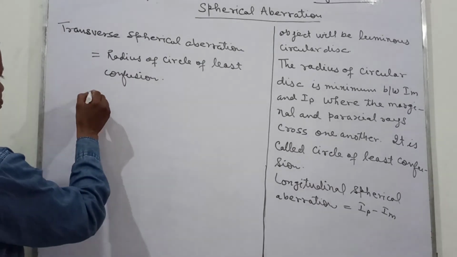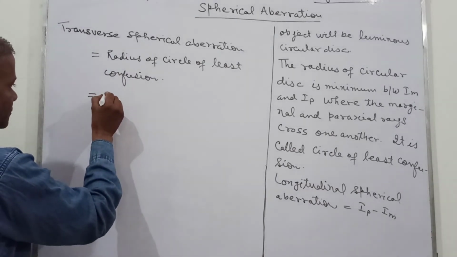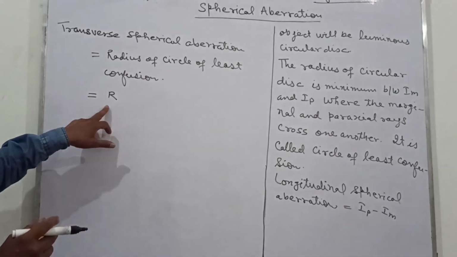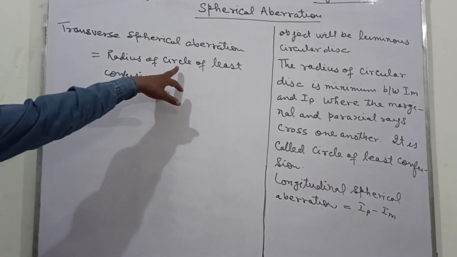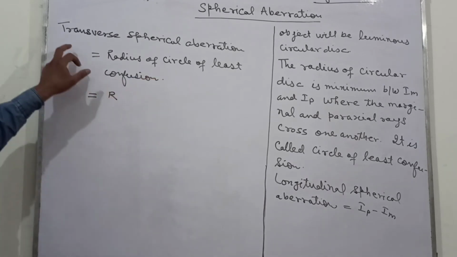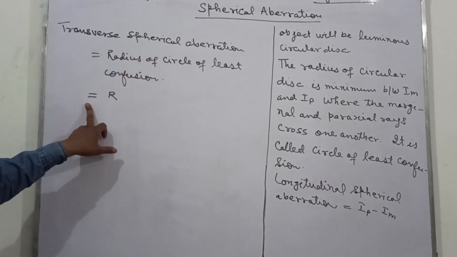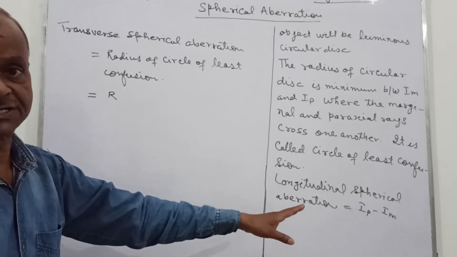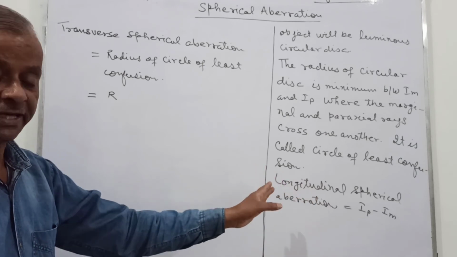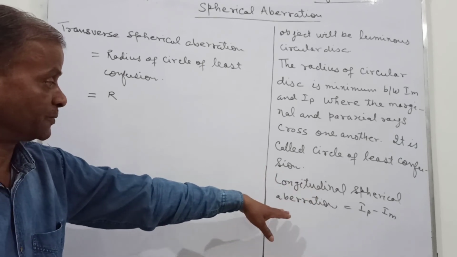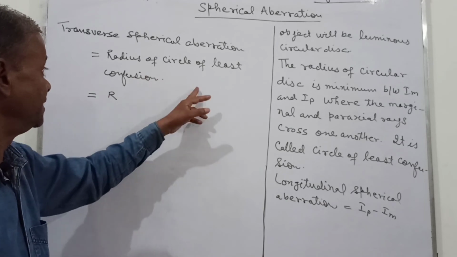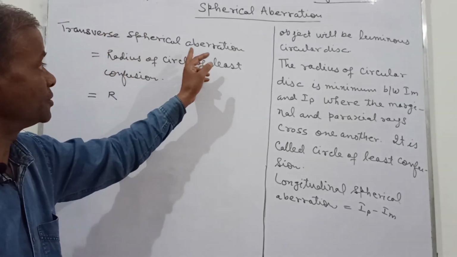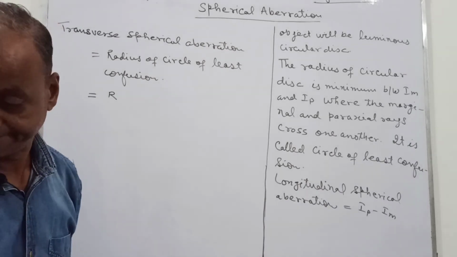So this is equal to R. R means the radius of this circle of least confusion. That will give you the transverse spherical aberration. So if you find the difference between the distances of the images along the axis, then this will give you the longitudinal spherical aberration. If you find the radius of this circle of least confusion, then that will give you the transverse spherical aberration.